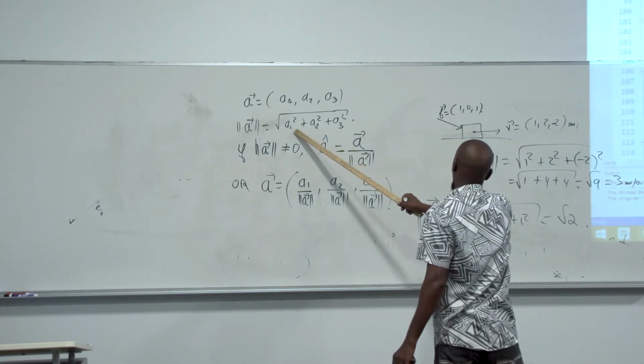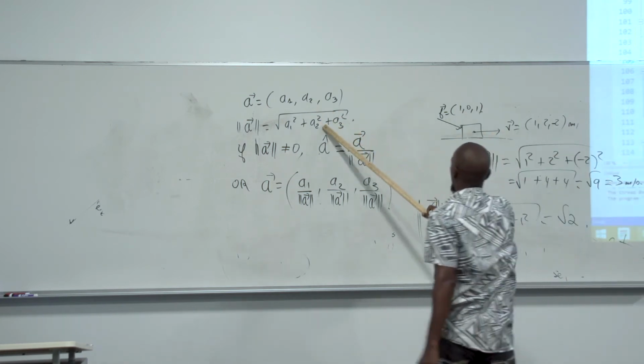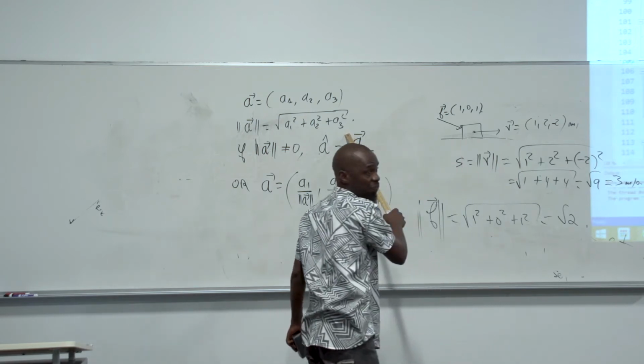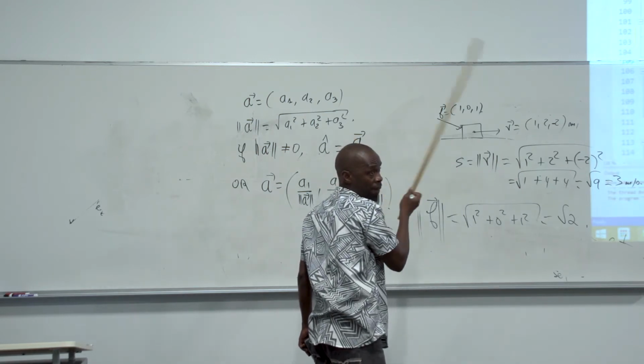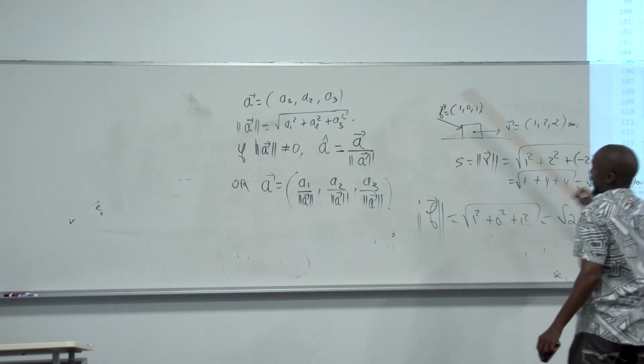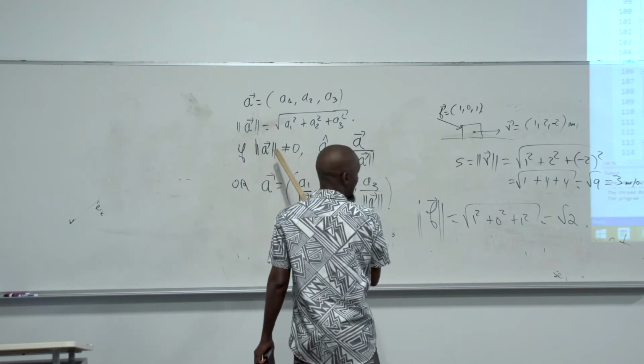This is A1 times A1, and here is X, and then this is the Y component, that is Y times Y. And this is the Z component, that is E3 times E3, but here I'm using Z, that is therefore Z times Z, under the square root. That is this formula. Once I have this, I need this condition here.